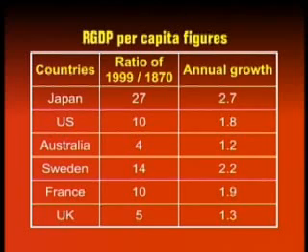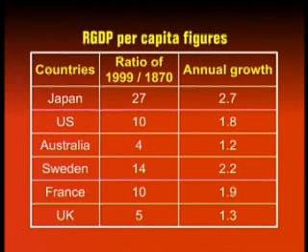Well, we have figures on those as well. As you can see, the annual growth rates, per capita growth rates for these countries over the same period of time, 1870 to 1999, were 2.7% for Japan, 1.8% for US, 1.2% for Australia, 2.2% for Sweden, France 1.9%, and UK 1.3%.